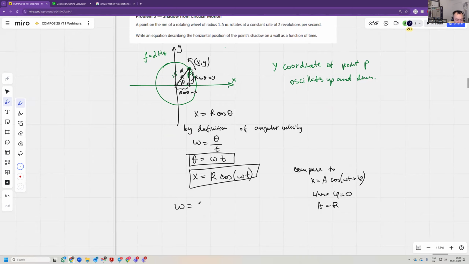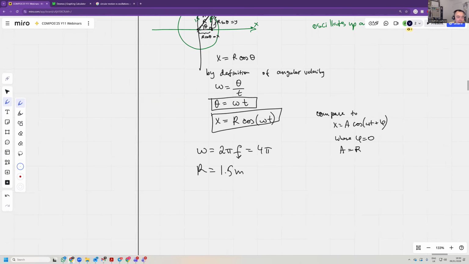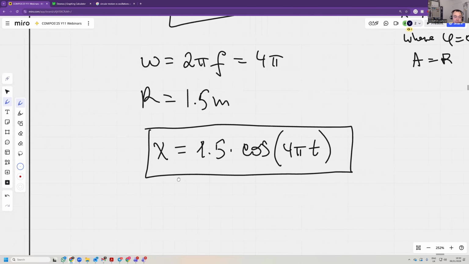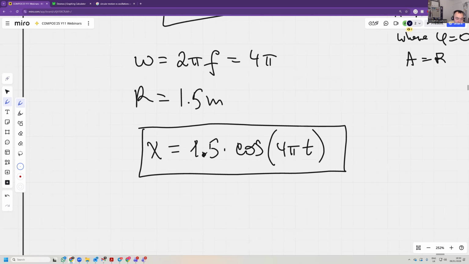Omega, as we know, is 2 pi multiplied by the frequency, so it's 4 pi. And the radius is 1.5 meters. Therefore, x is equal to 1.5 multiplied by cosine 4 pi t. That is the equation of motion, and that's the position of the shadow in meters from the center of the oscillation.